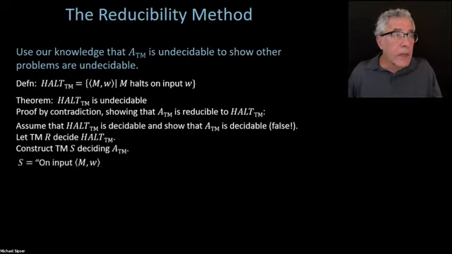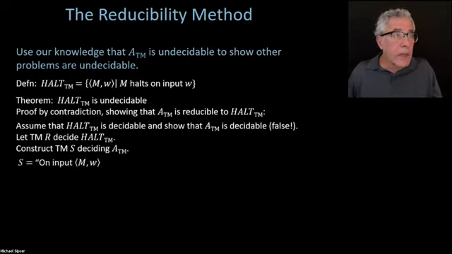Okay, so my job now is, I'm assuming I have R, which is a halt TM decider. So now I'm assuming I know how to decide if a Turing machine and an input eventually halts. Not necessarily whether it accepts, just whether it halts. It's conceivable, you have to bear with me here, that you could find a way to test whether Turing machines halt on their input, even though we now know that testing whether they accept their input is not decidable.